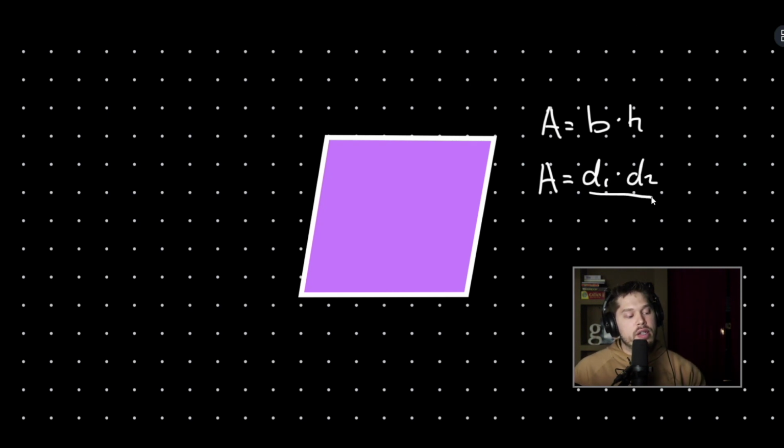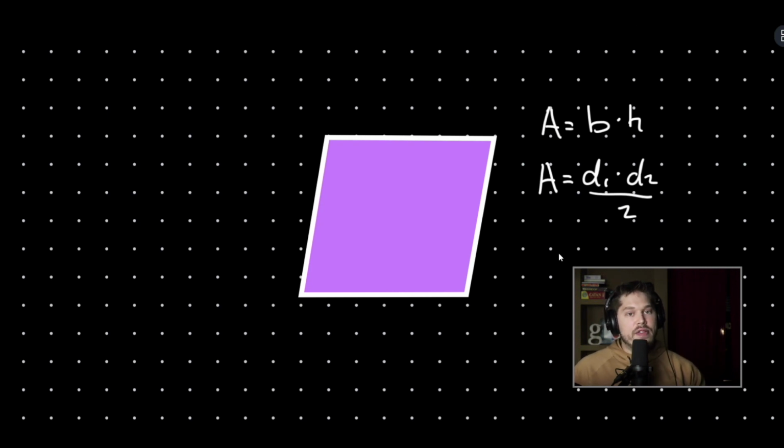Moving forward, we have our rhombus. Now, a rhombus actually has 3 different area formulas. Actually, it has quite a bit. It has our tried and true base times height. It has a formula to do with its diagonals as well. It's diagonal 1 times diagonal 2 divided by 2.